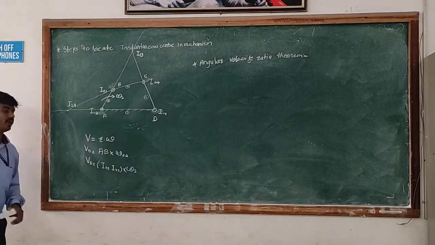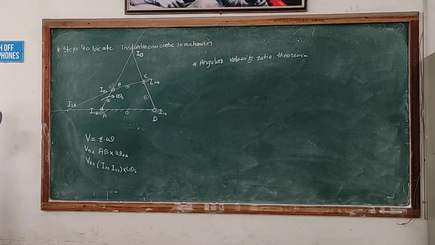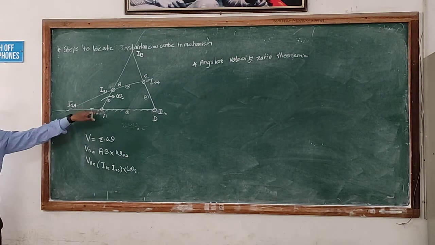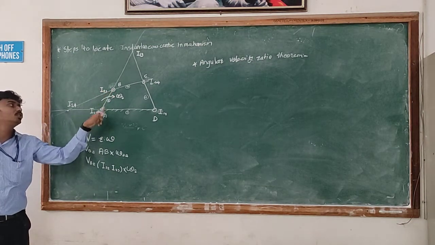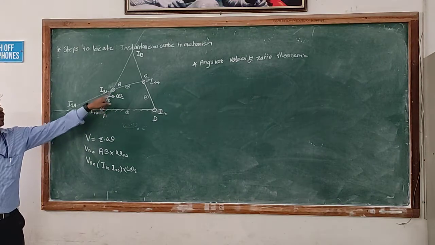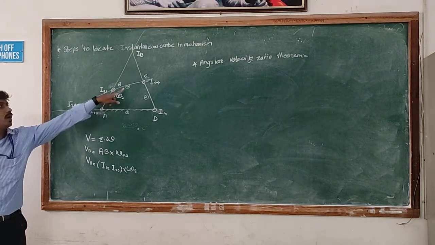It is the velocity of the point B, and here we consider point B on the link 2. The point B is common between link 2 and 3.